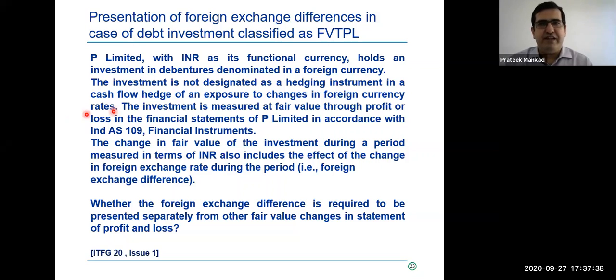The change in fair value of the investment during a period measured in INR terms also includes effects of the change in the foreign exchange rate. The question that was placed to the ITFG was whether the foreign exchange differential is required to be presented separately from other fair value changes in P&L.